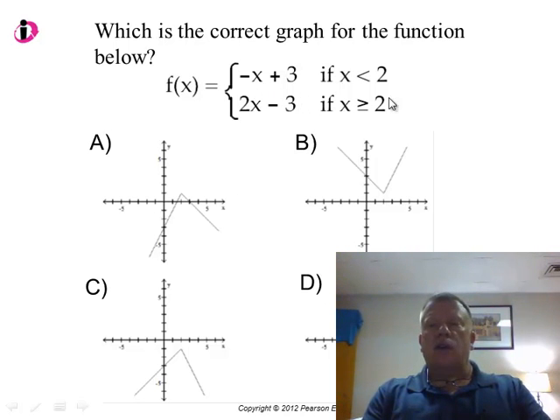At x equals 2, we'll use this piece right here, and you have 2 times 2, which is 4, minus 3 is 1. Not negative 1, but positive 1. So that corresponds to this point right there. And there we go, it's option B. This right here is the graph of this piecewise defined function.